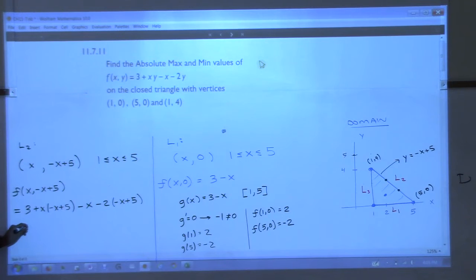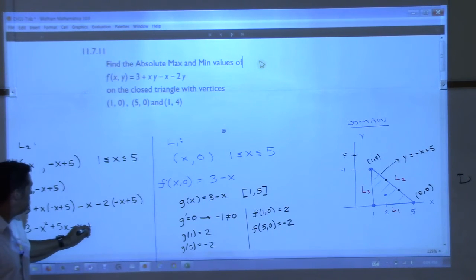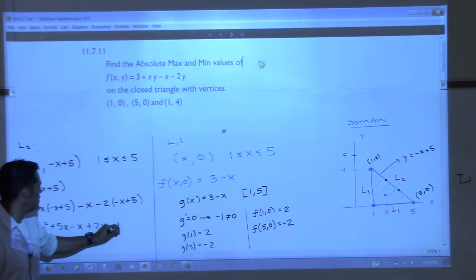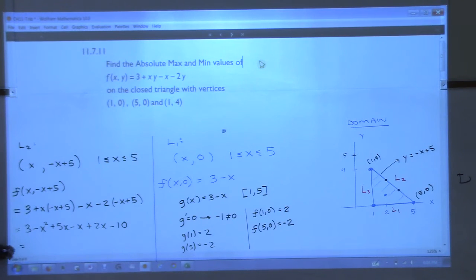Let's see. 3 minus x squared plus 5x minus x plus 2x minus 10. And let's just put everything together. We'll put it in descending order. Negative x squared plus 6x minus 7.